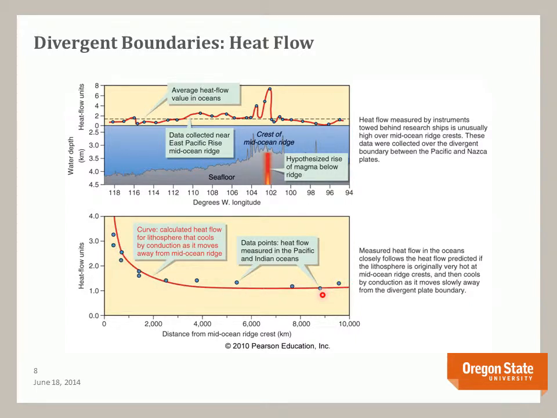And note that here are actual measurements of heat flow, and they fall pretty close along this boundary. There's some slop here, but it's pretty close. So again, our model here, the conduction, is consistent with observations. So we're getting some sense that there's a lot of information that supports this model of divergent boundaries.